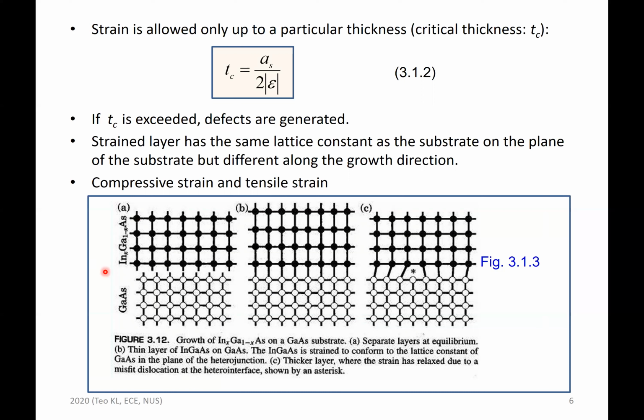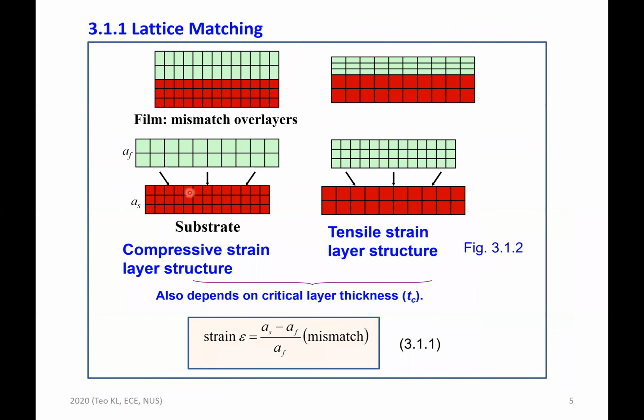So for example, let's say I grow an indium gallium arsenide alloy on a gallium arsenide substrate. The lattice constant of the indium gallium arsenide is larger than the lattice constant of the gallium arsenide. So in this case, we expect to have a compressive strain layer structure.